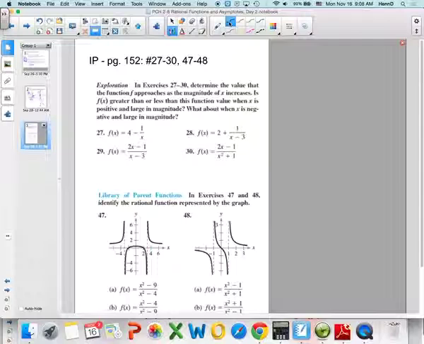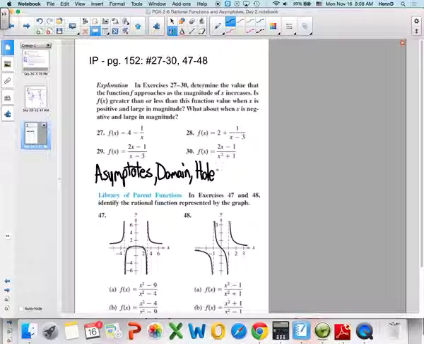Determine asymptotes, domain, poles, get zeros, y-intercept.